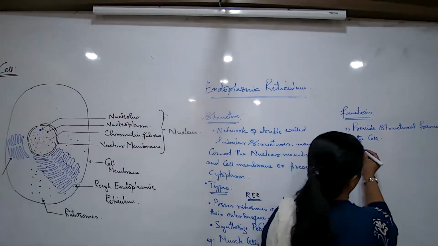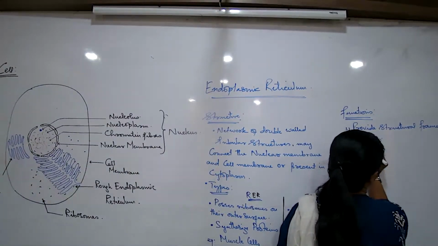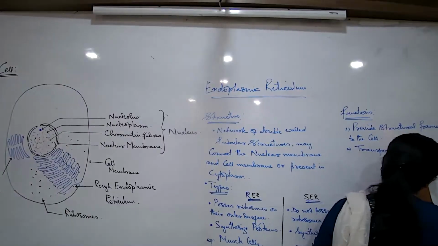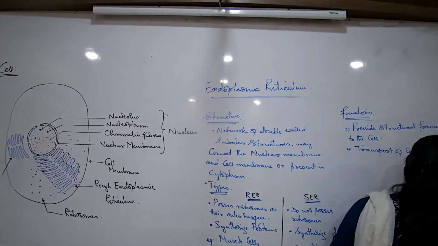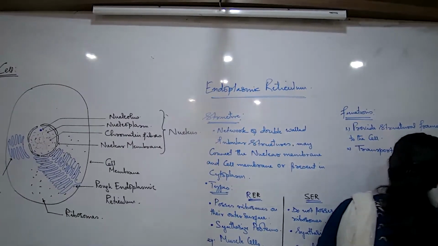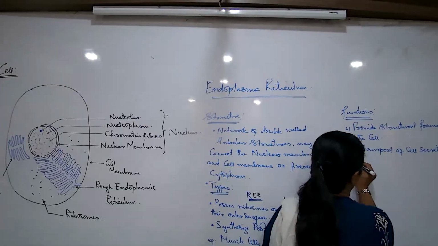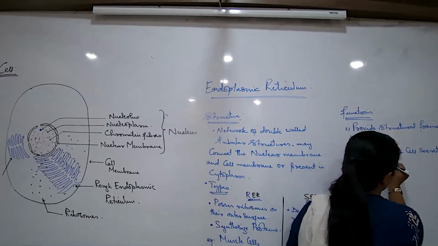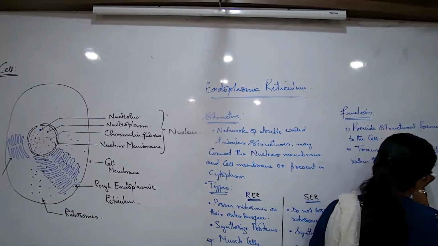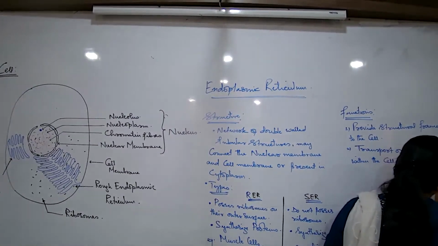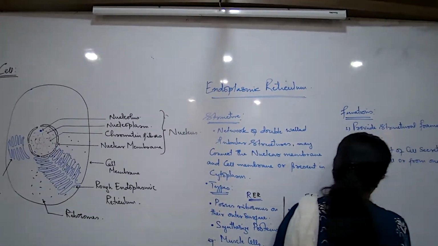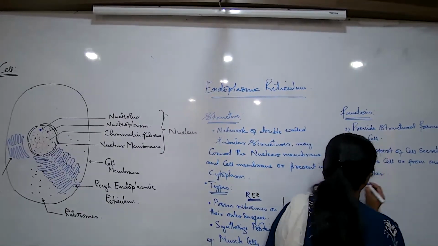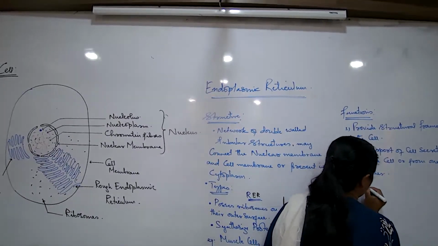Next, they help in the transport of cell secretions within the cell or from one cell to another. What is the third?